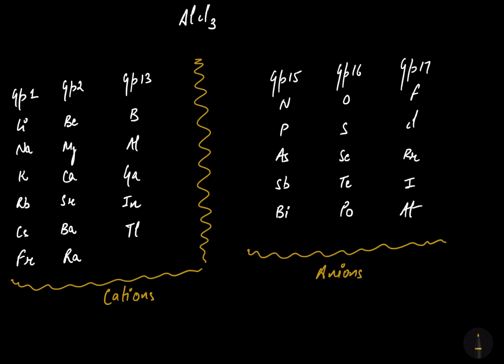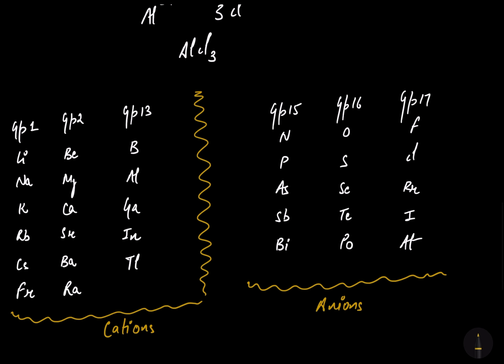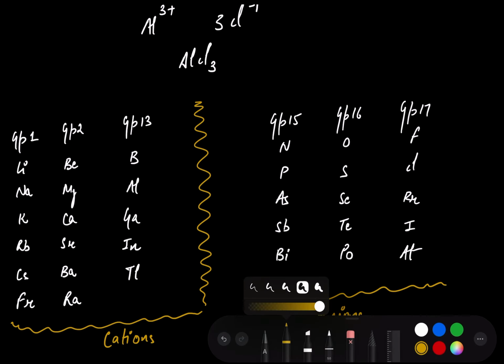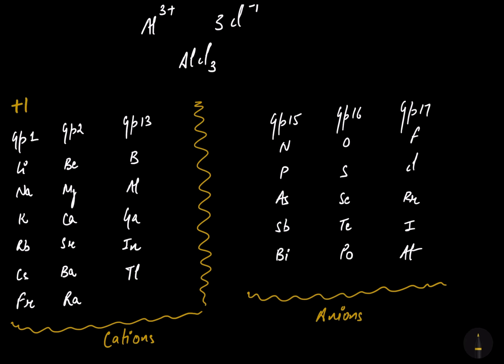So now let me write their oxidation states group wise. Group number 1 shows the oxidation state of plus 1. That means Li positive, Na positive, K positive, Rb positive, Cs positive, Fr positive. According to their electronic configuration, group number 1 will show the oxidation state of plus 1.